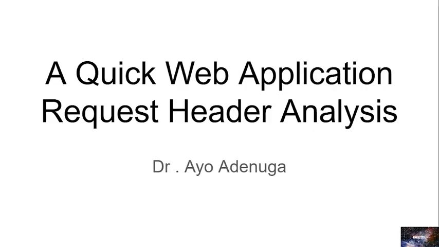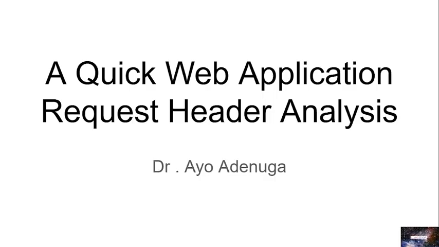In this short video, I want to show you the web application request header, and we will go into analysis of each section or each component of the header. This is very important for security analysts, intending or aspiring web developers, auditors, and others.